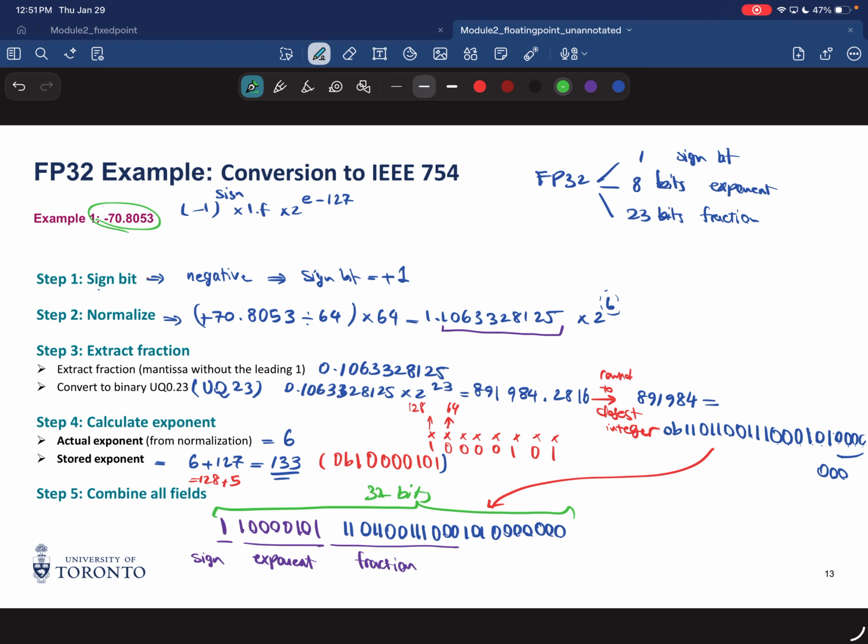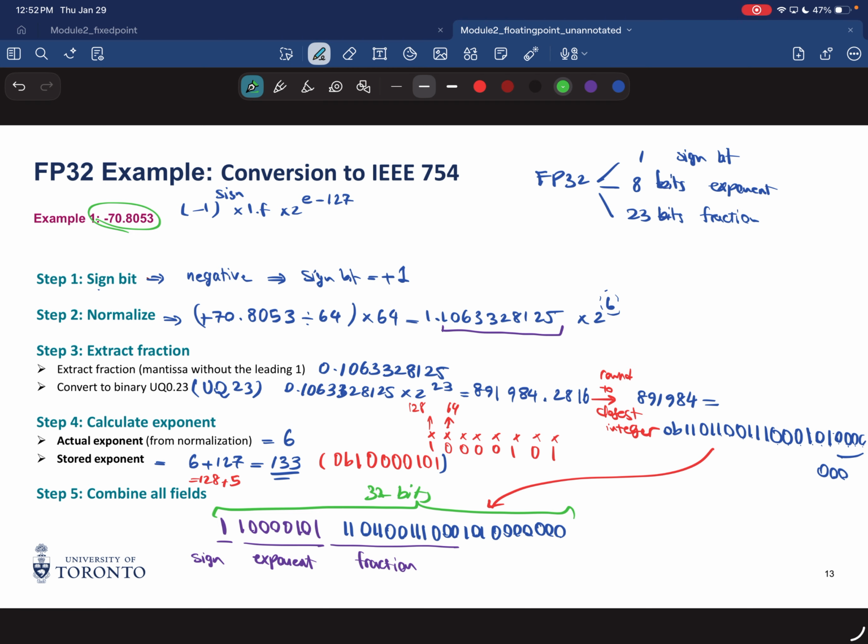Okay, so this is an example we are doing by hand, intentionally. It's a number that you can fit with fixed point with 32 bits, let's say. But if it was really larger, remember the range for fixed point was minus 2 to the power of m, and so on.